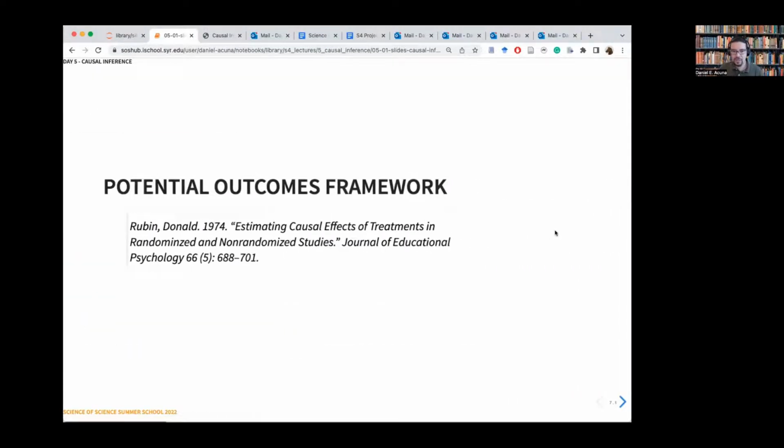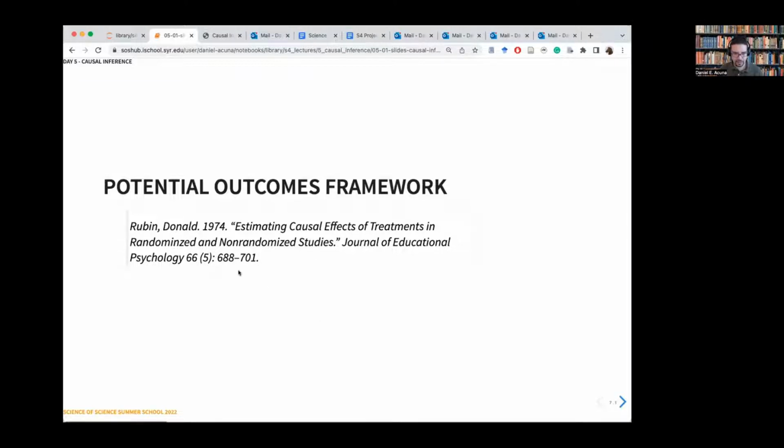So we're going to try to think about how to do this more mathematically. And the way that we're going to do it is through two ways, basically. One is called the potential outcome framework. From that, we'll borrow the notation, then we'll use something called a DAG and backdoor criteria to actually do the estimation of causal effects.